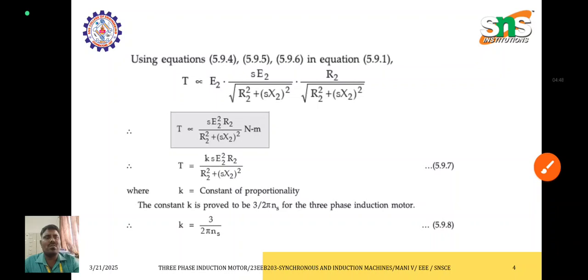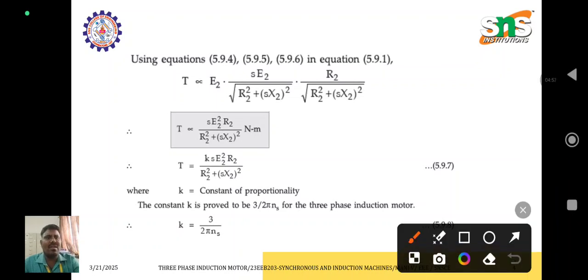By substituting the values of flux, rotor current, and power factor of the rotor, and simplifying, we get the final equation: the torque is directly proportional to S E2 square R2 divided by R2 square plus S X2 whole square. Now, replacing the proportionality, we multiply by the constant K.